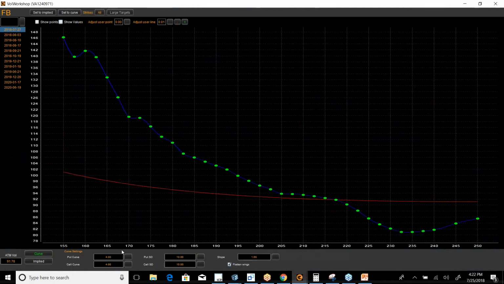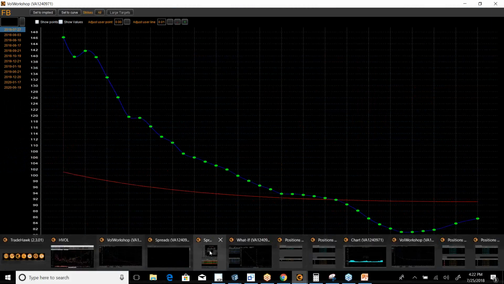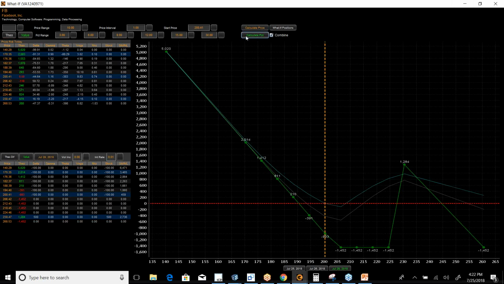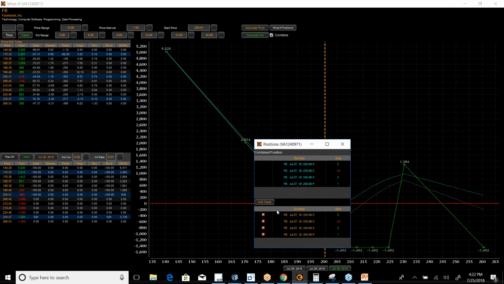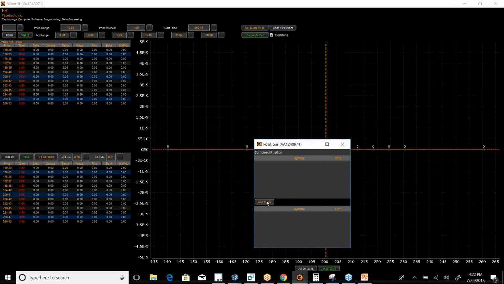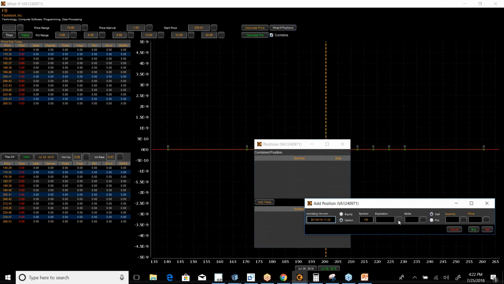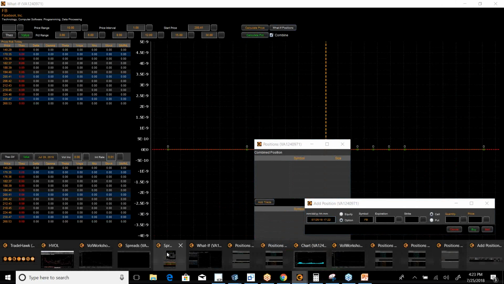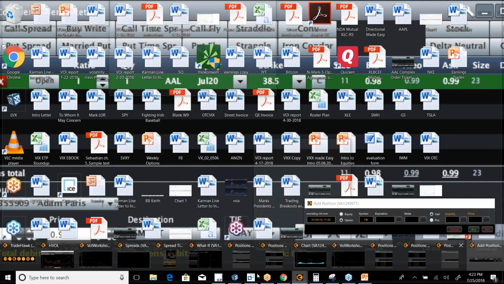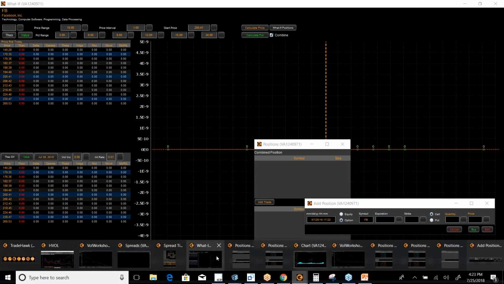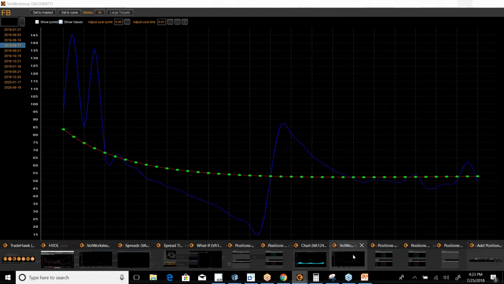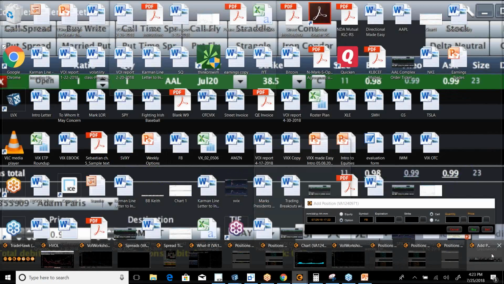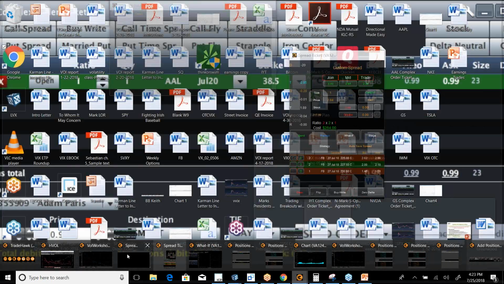So what I would set up, there's my vol workshop. I'm going to get rid of these. Let me get my WISP up so I have pricing. Where is WISP? Can I pull up a new one?